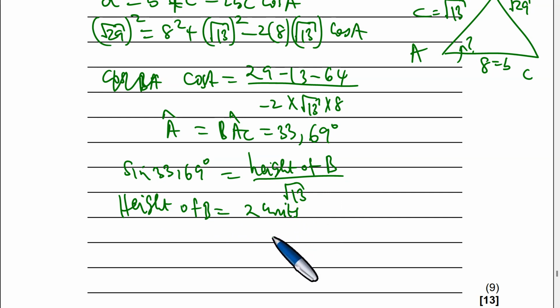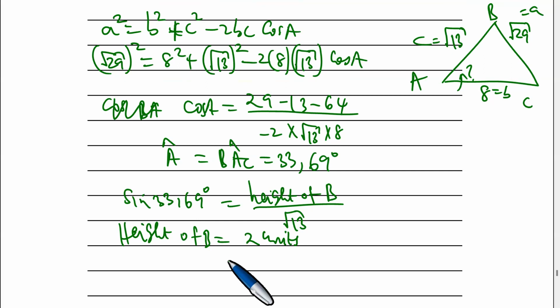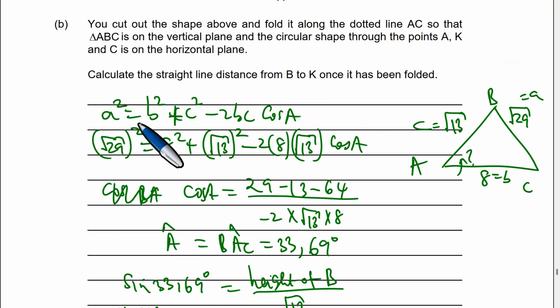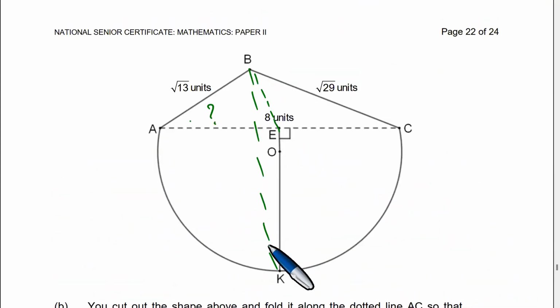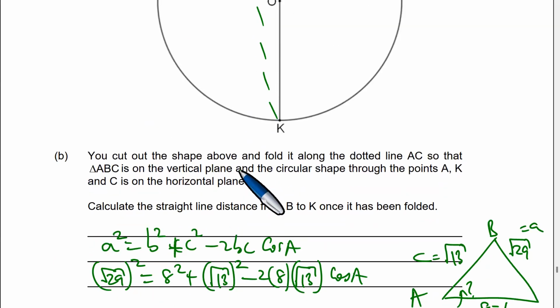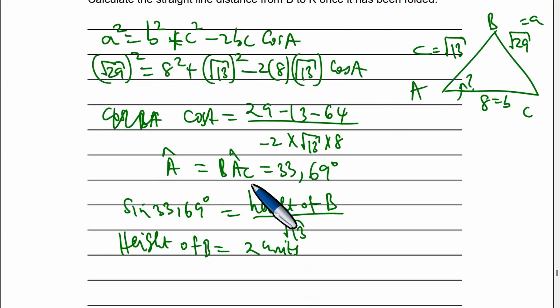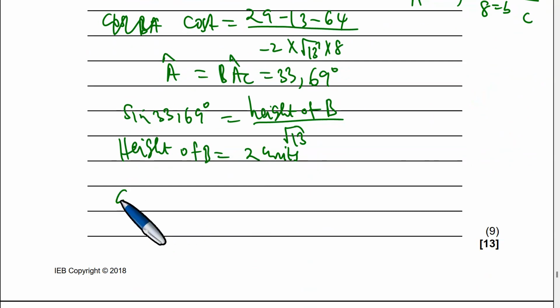And then after that, we can get what is wanted, because the examiner wants what? The straight line distance from B to K. So you're gonna calculate the cosine of 33,69.